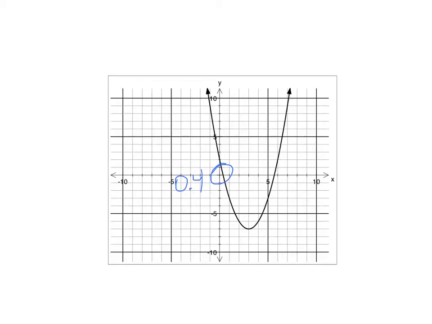It's not quite the half mark, maybe 0.3. We're just reading it off the graph, so it's approximate. And then the one right here, we could say is at 5.7, 5.6, something like that. So that's our x-intercepts. Now let's look at the next one.